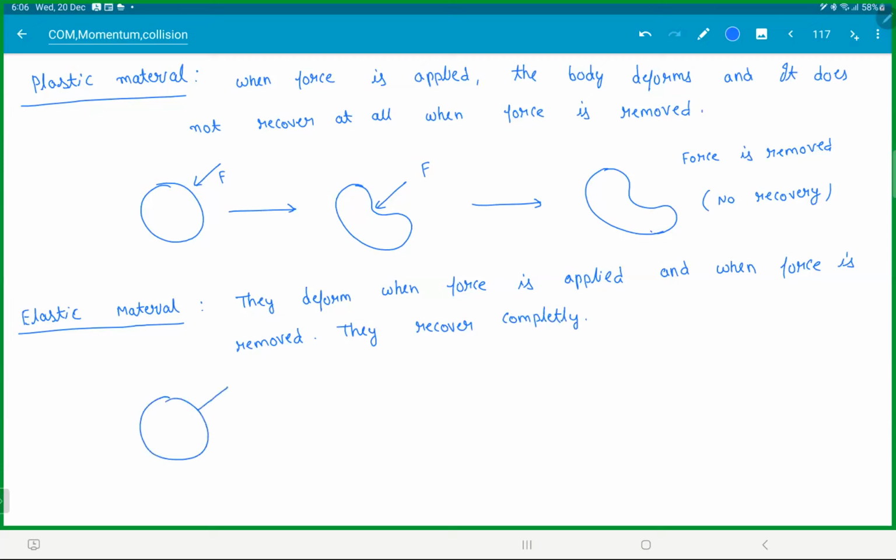So if you have a body here, you apply force, it is going to deform. And when you remove the force, it comes back to normal.